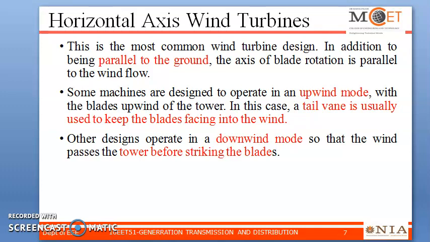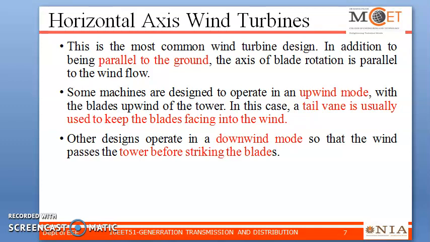This is the main reason for using the horizontal axis. Downwind mode is avoided, because it strikes and breaks the blades.